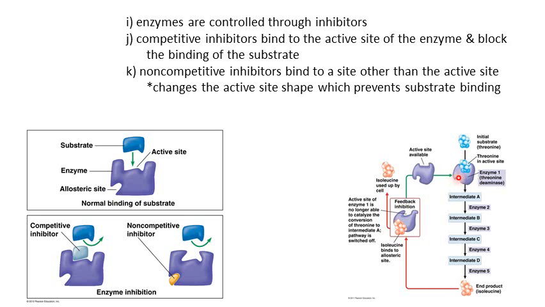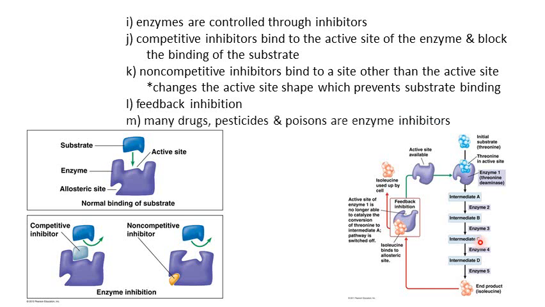And when it binds there, it changes the shape. Let's see, I guess this is the drawing to look at. When isoleucine binds to the allosteric site, it changes the active site shape in such a way that threonine can now not bind to the threonine deaminase. And so isoleucine is shutting its own production down, essentially. That's called feedback inhibition.